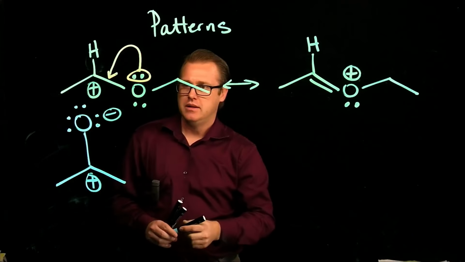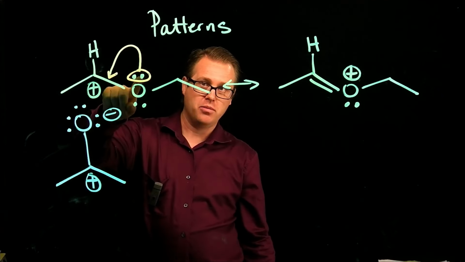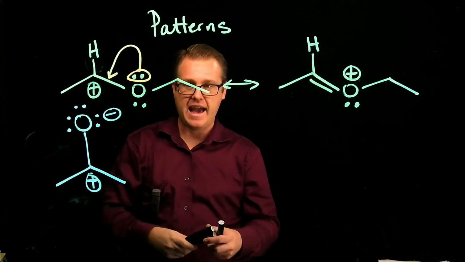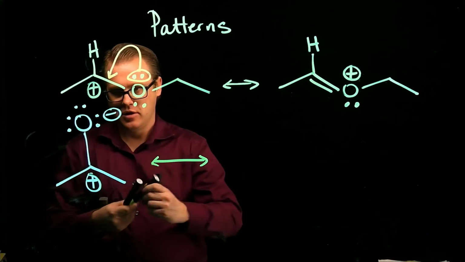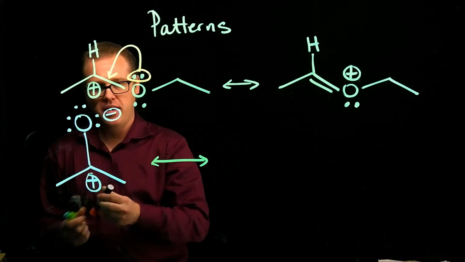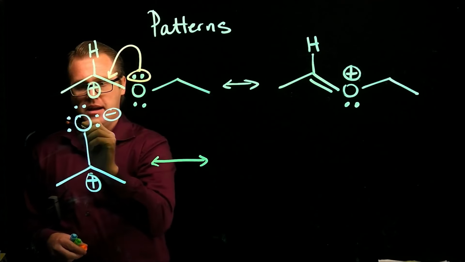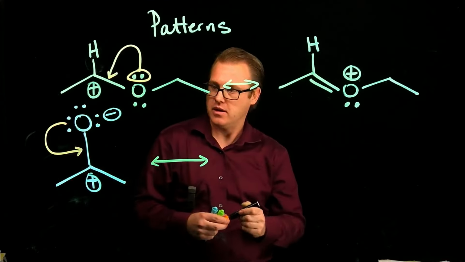Now, remember the pattern I said? If you have a lone pair adjacent to a carbon, you can have resonance. So we could take one of these lone pairs. It does not matter which one. You could pick this guy, or that guy. And you just draw out the arrow coming down like that.